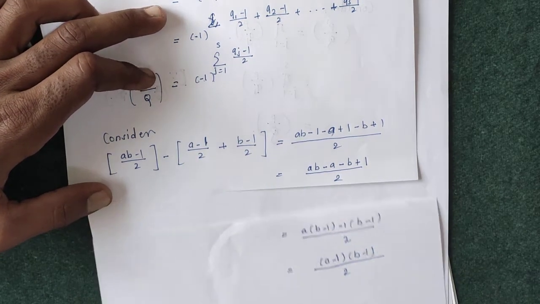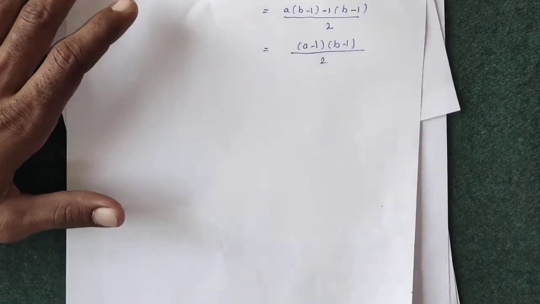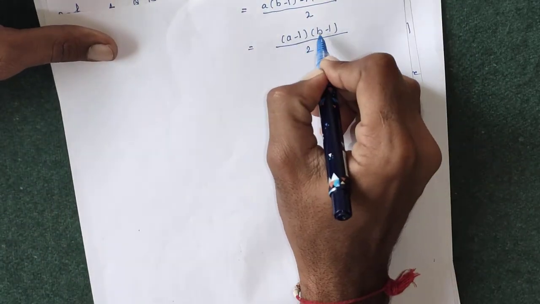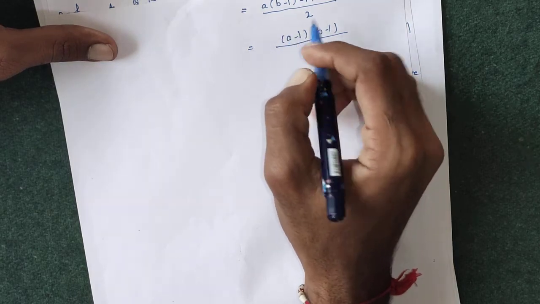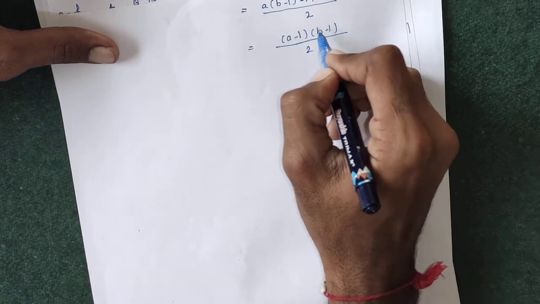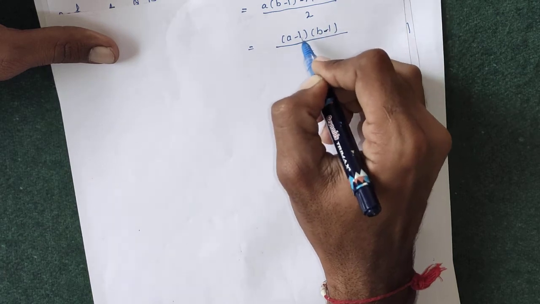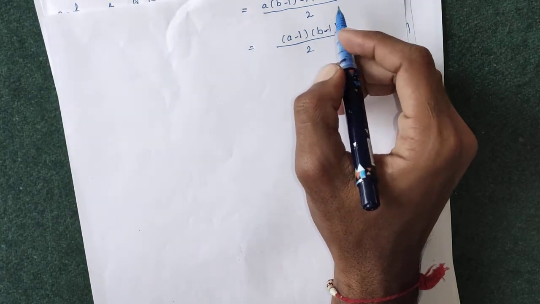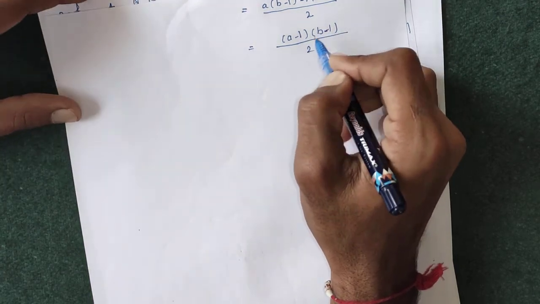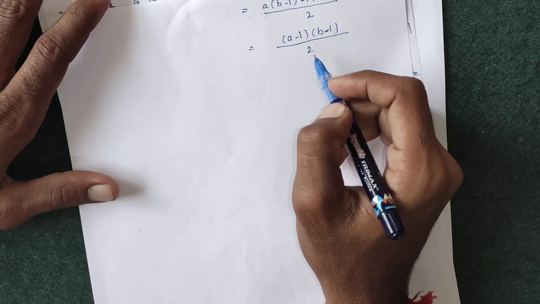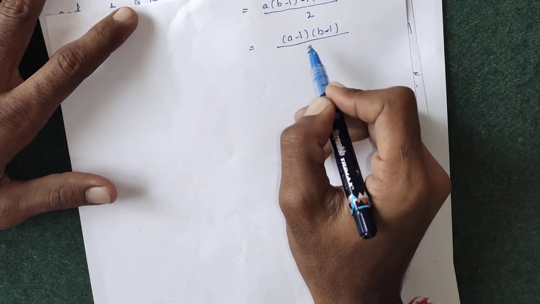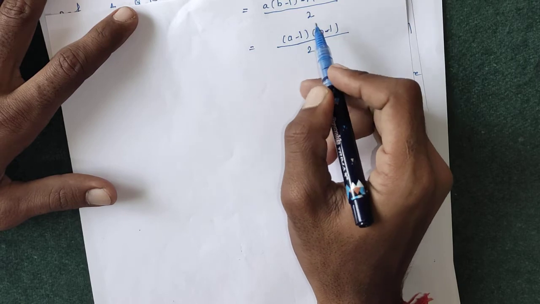Here, if a and b are both prime numbers, then if a is an odd prime, a minus 1 is an even number, and again b minus 1 is also an even number. So, even into even is again an even number, and if we divide that even number by 2, then our number is clearly congruent to 0 under modulo 2, that is, the residue is 0.